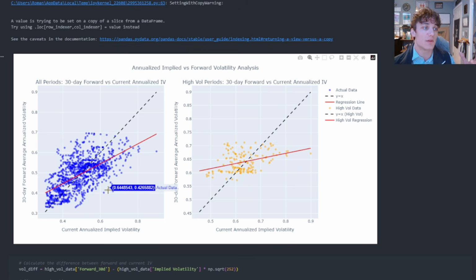And then at some point in the future, if the value doesn't get eaten by theta, or if trend doesn't kill us and all this other stuff, perhaps we can collect that difference. And this effect is even more pronounced in a high vol period setting, hence the shallower regression line. So this is in fact a valid volatility trading strategy.